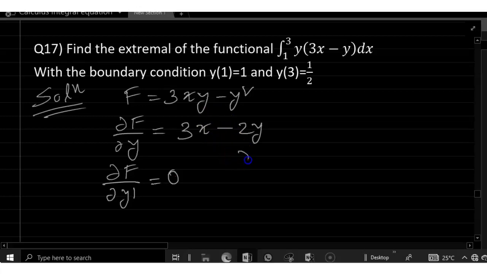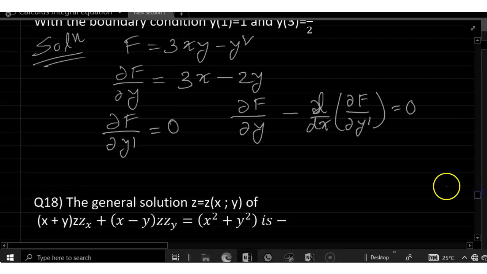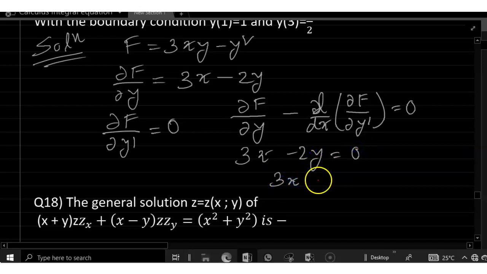So del f by del y minus d/dx of del f by del y dash equals 0. So we get 3x minus 2y equals 0. So 3x equals 2y, so y equals 3 by 2 x.